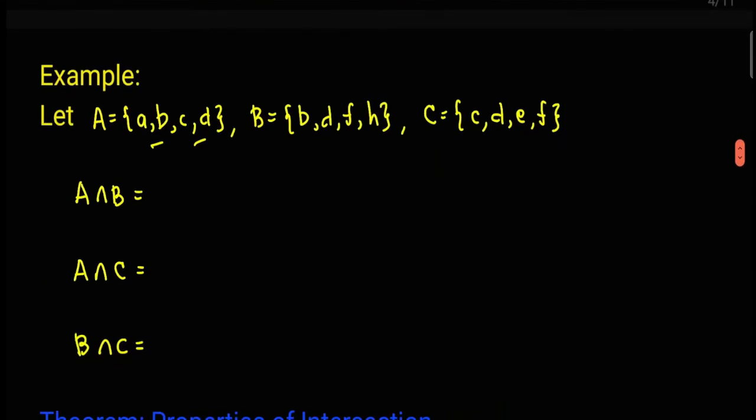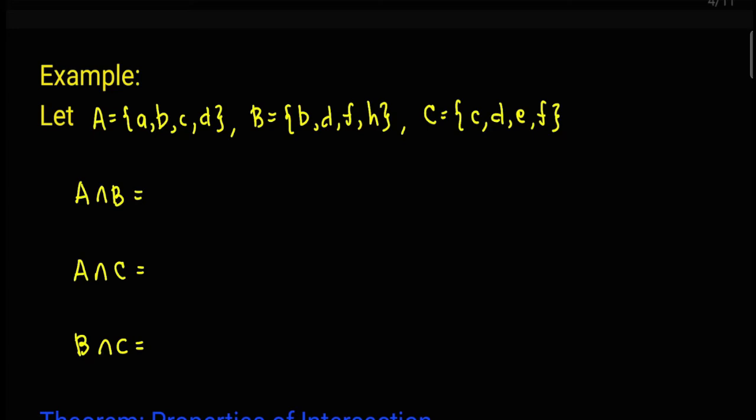Let's have some examples. We have the same sets that we used in the union. Let's say we have the set A containing the letters A, B, C, and D. The set B containing the letters B, D, F, H. The set C containing the letters C, D, E, F. To get the intersection of A and B, all we need to do is to get the common elements.